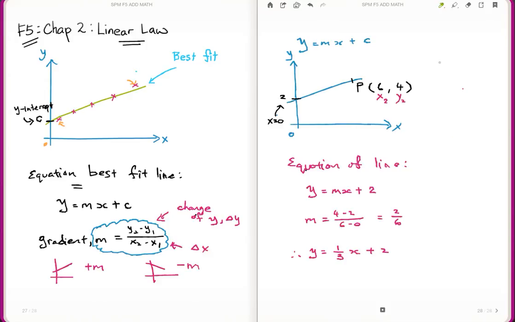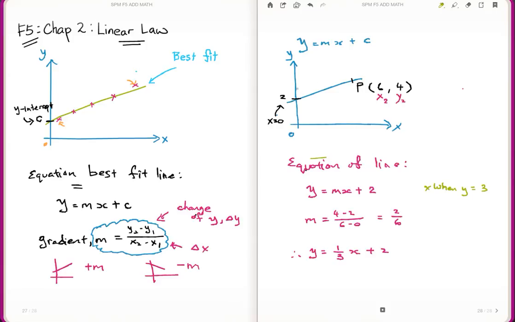Say for example, they ask for the value of x when y is equal to, say, 3.